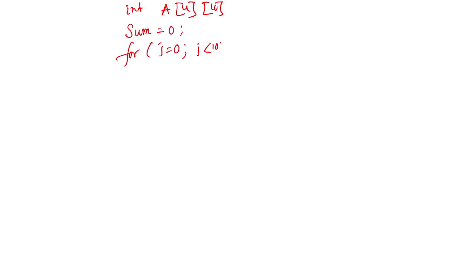First, obviously I have an integer array a of 10. For j equal to 0, j less than 10, j plus plus, then sum equal to sum plus a 0 j.